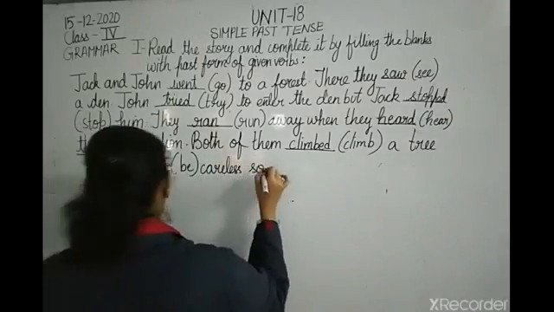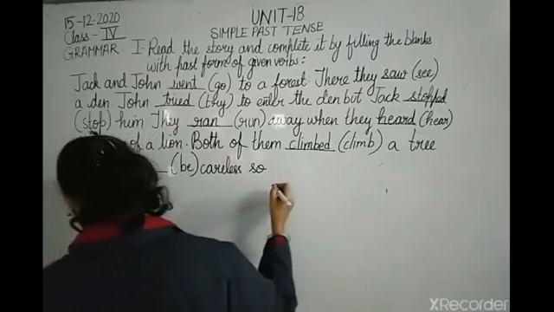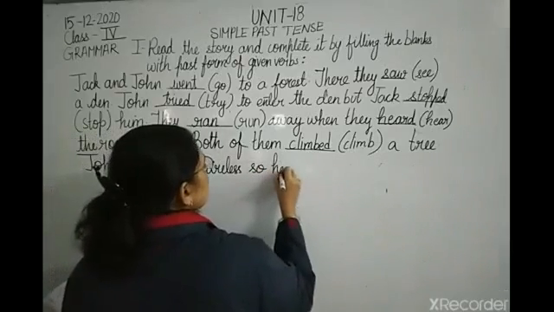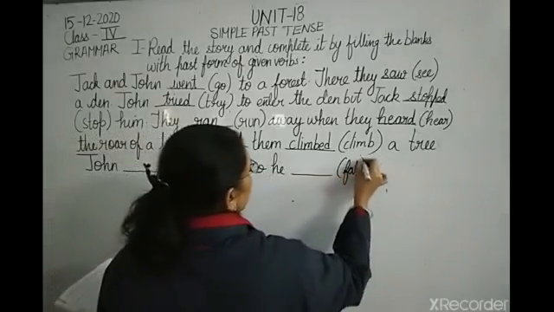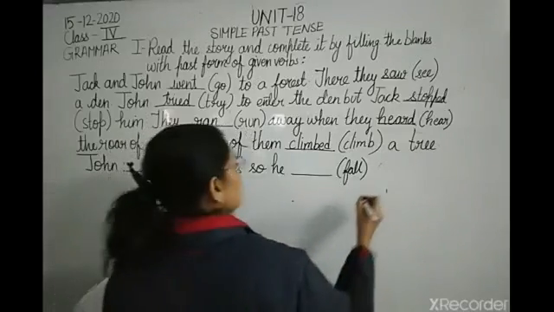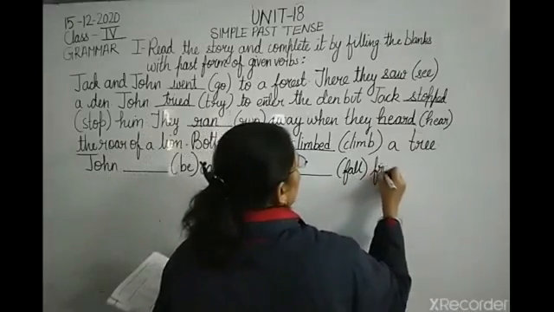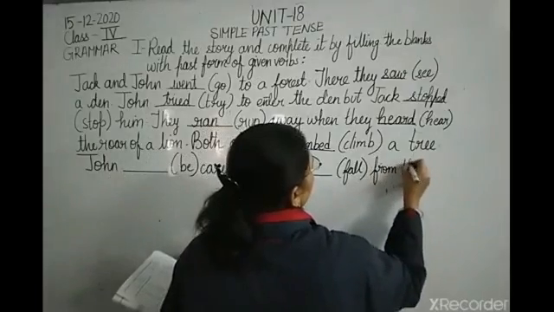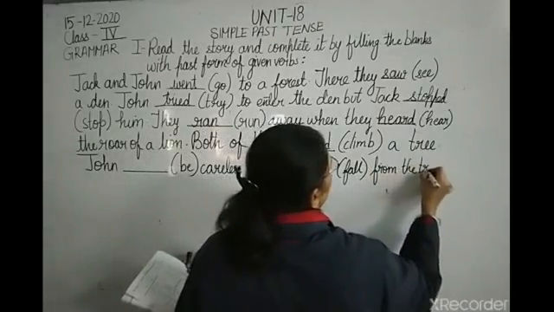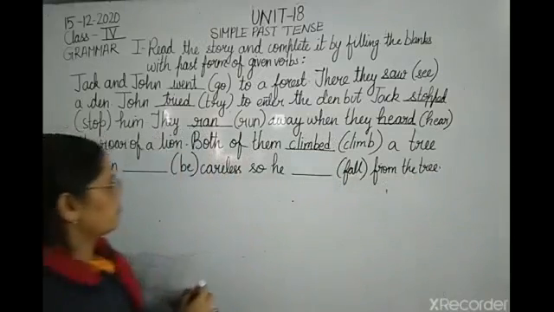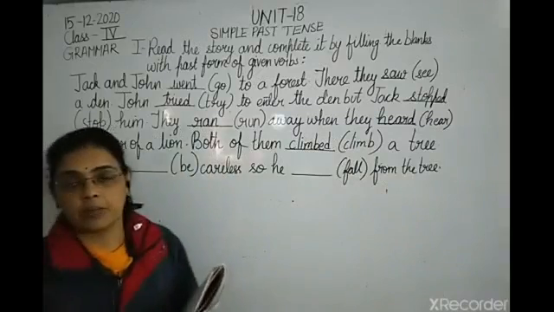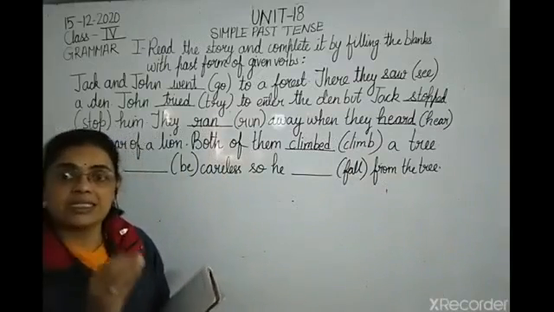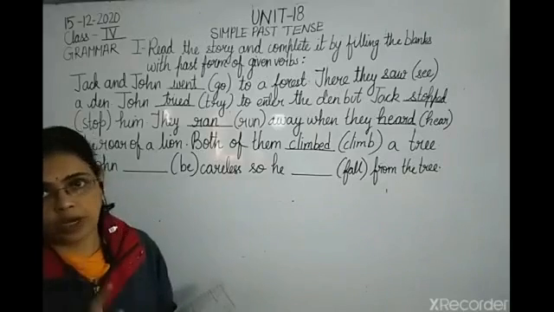So he dash, the verb given in the bracket is fall from the tree. Now John, अब बेटा be का मतलब होता है हमें is, are या was वर्ड बनना.